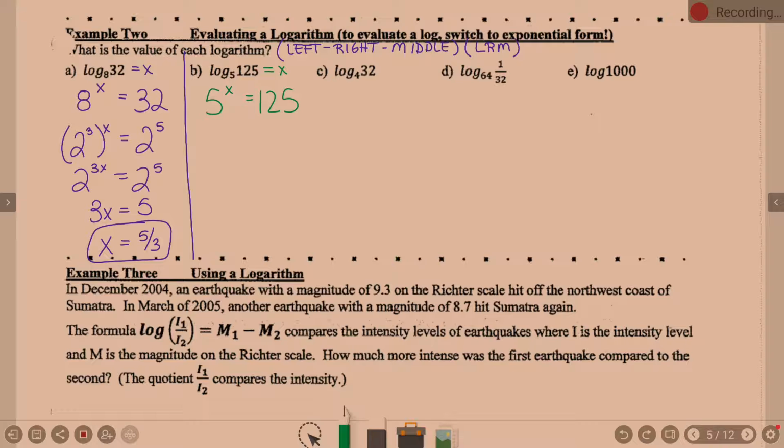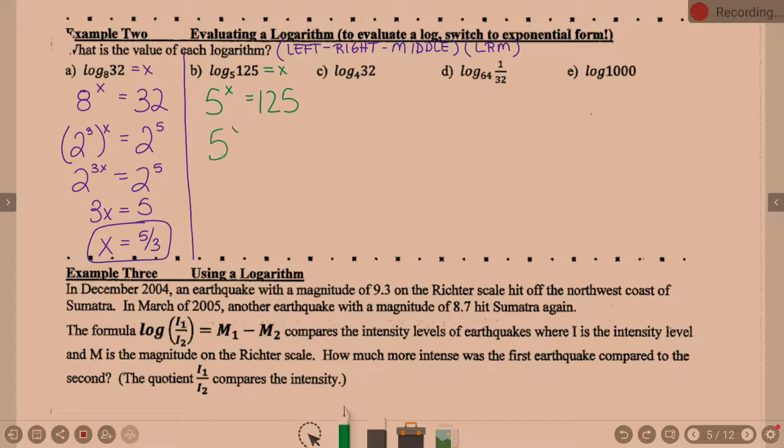What are you doing now? Just randomly plugging in numbers so you find the one that works? This time it would be a lot easier to do that, wouldn't it? Okay, that's an option. What am I going to suggest? I'm going to suggest look at the paper, and where is 125 on this paper? It's in the 5 column. 125 is 5 to the third.